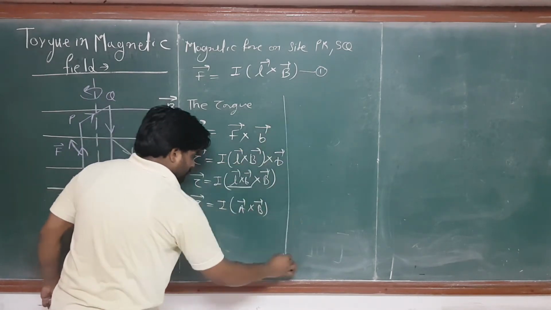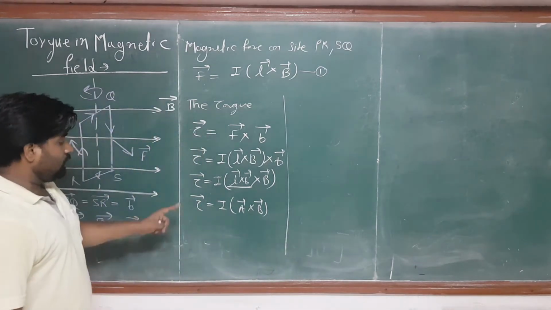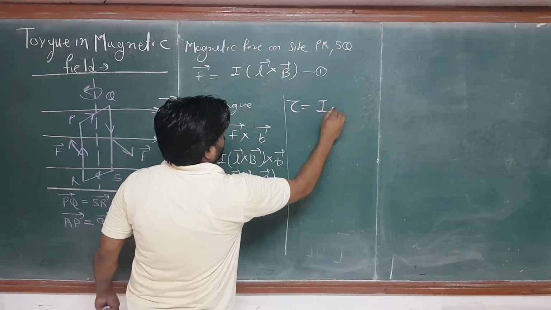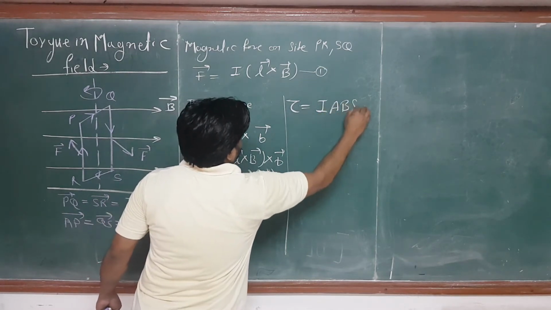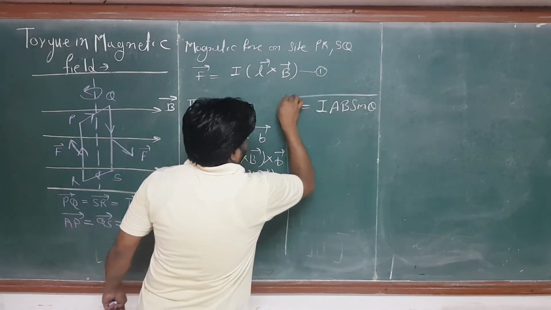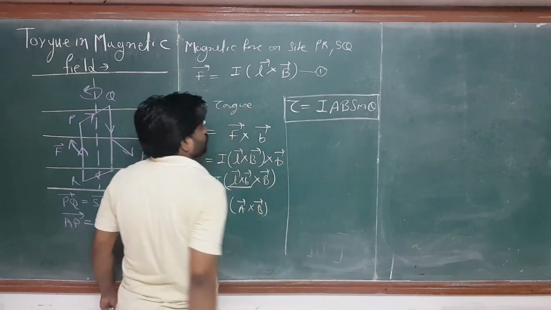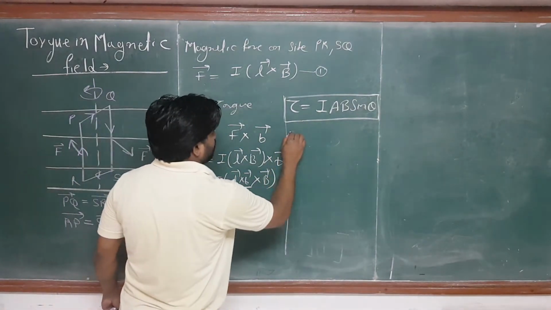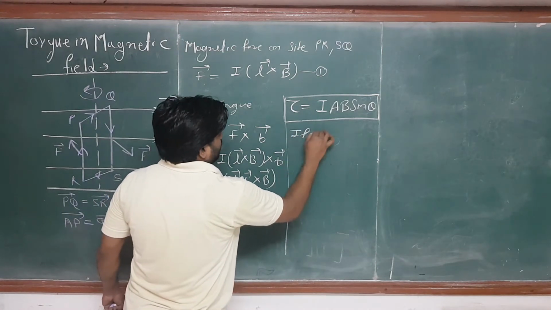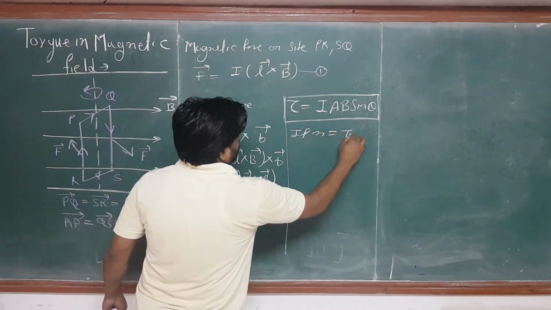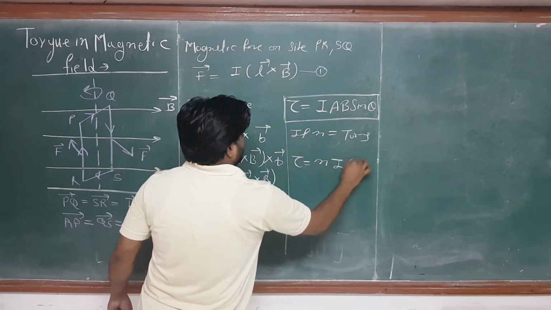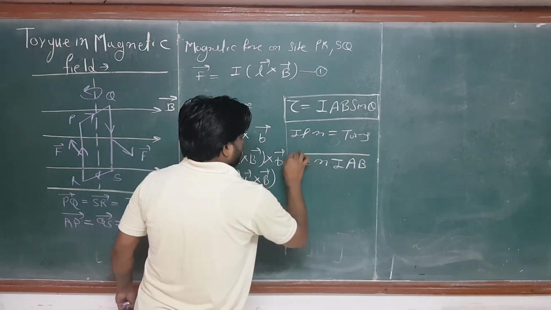Okay, now see this thing: tau is equal to IAB sine theta. If theta is 0 degrees, your torque would be 0. If theta is equal to 90 degrees, your torque will be maximum. If n is the number of turns, then tau is equal to NIAB.